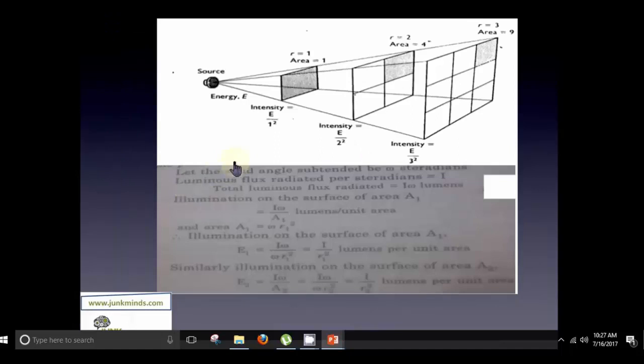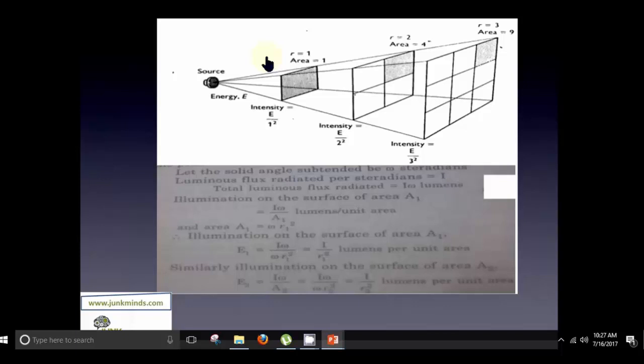So as you can see here, we have a source which is emitting some kind of energy, and as the distance increases, the intensity keeps on decreasing. In area 1, as you can see, the intensity is E/1².